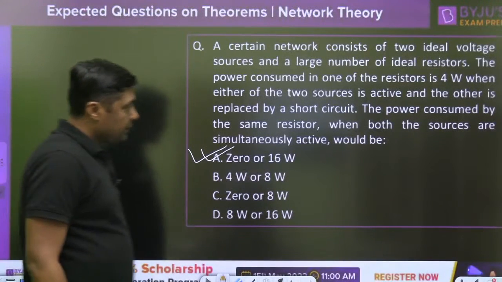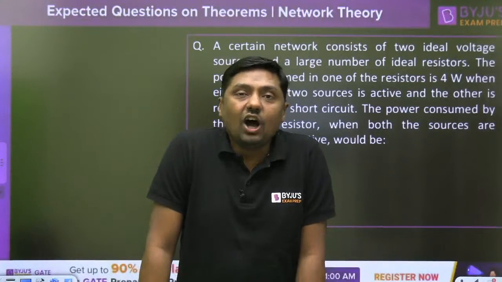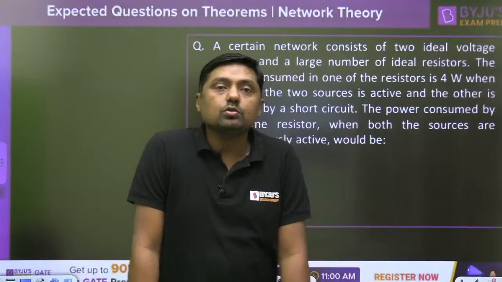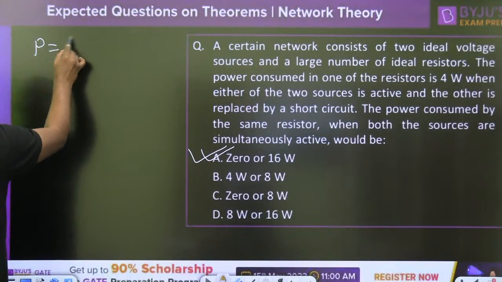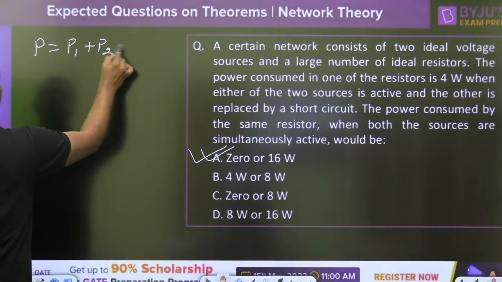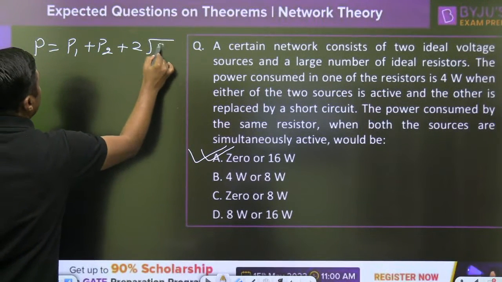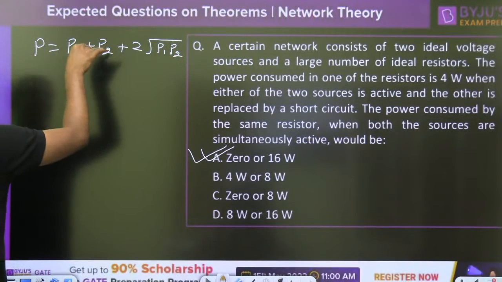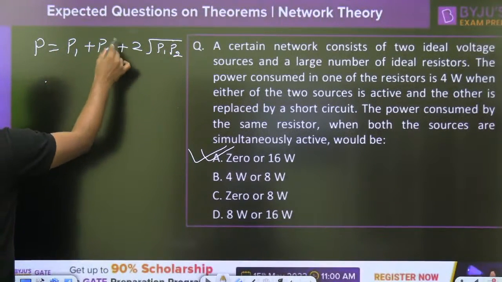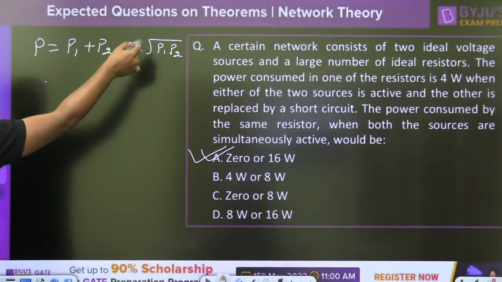16 watt, right? Now already I have given you the very simple formula: P1 plus P2 plus 2 times root over P1 P2. Now in this case, P1 plus P2 plus minus 2 times root over P1 into P2.